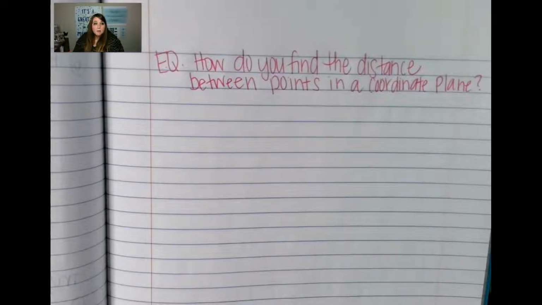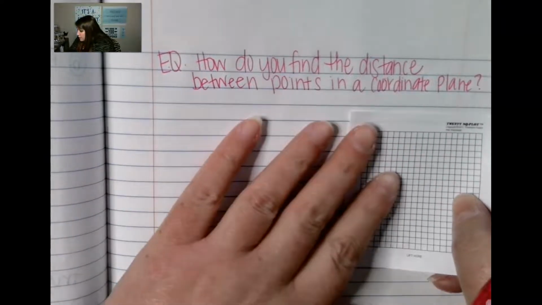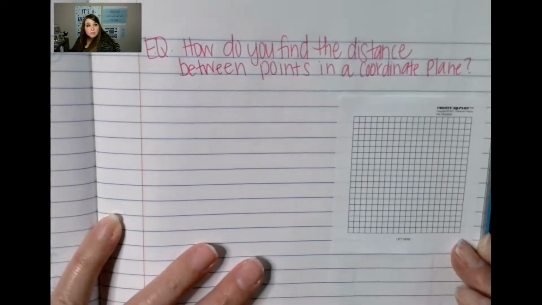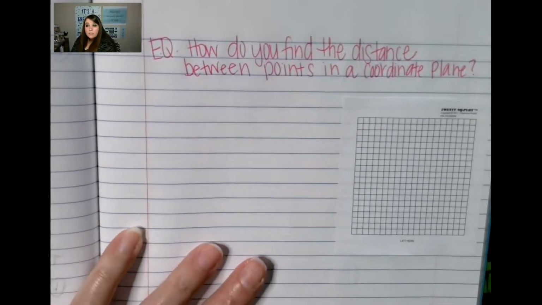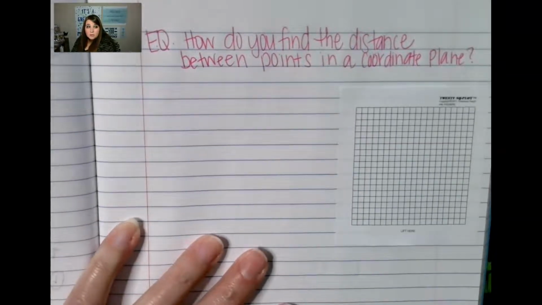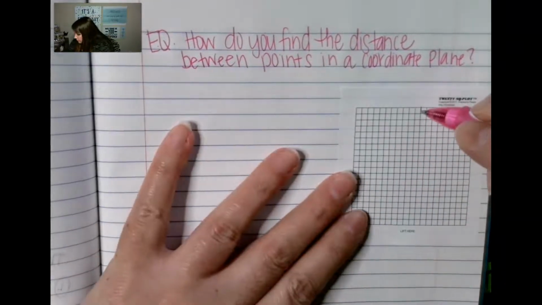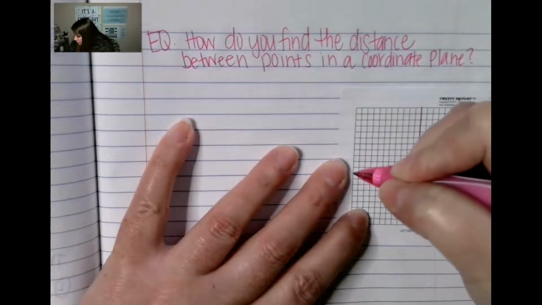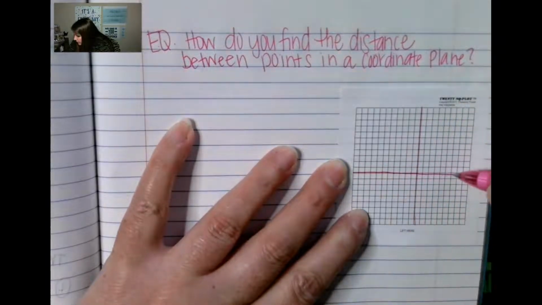Those dots can represent the same exact thing. So we're going to first look at the formulas. There are some formulas that we can use that would tell us how to find those things. So first thing we want to do is have our coordinate plane here.